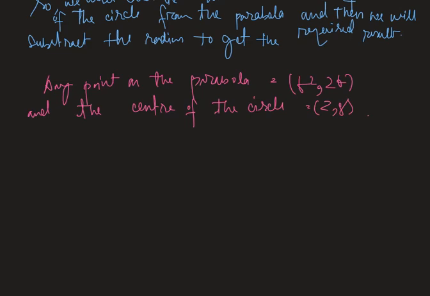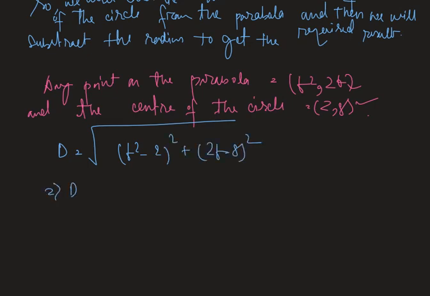Therefore the distance between these 2 points can be written as d equals root over (t square minus 2) whole square plus (2t minus 8) whole square. Therefore d square is equal to (t square minus 2) whole square plus (2t minus 8) whole square.